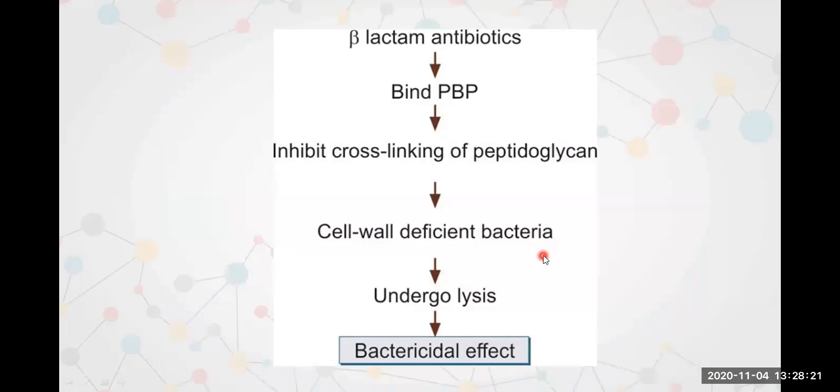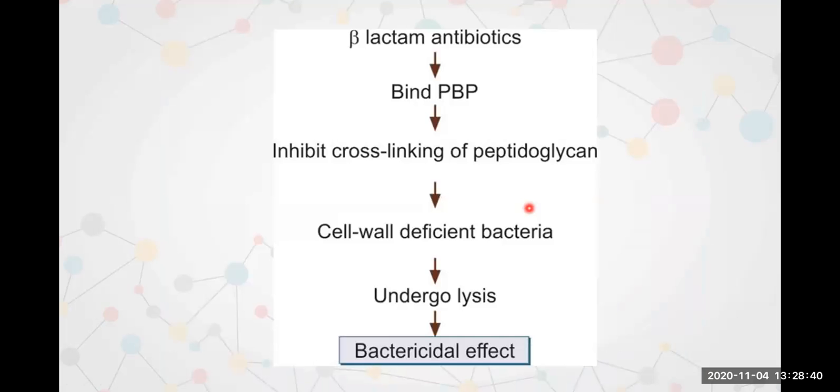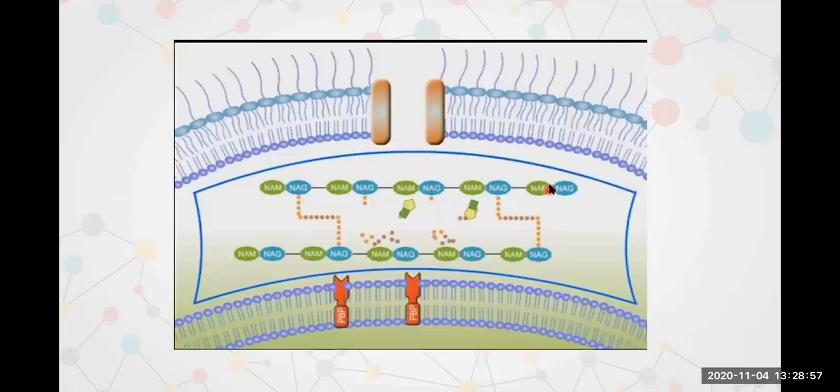We also understand the mechanism of action of this drug, and the simple way of understanding the mechanism is that beta-lactam class of compounds break down the networking between these peptidoglycan linkages. So what are peptidoglycans? Peptidoglycans are a mesh-like structure between two phospholipid chains.